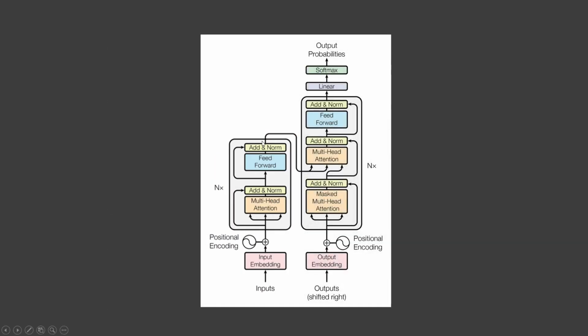It consists of an encoder and a decoder. The encoder processes the input sequence while the decoder generates the output sequence. During model training, the encoder is fed with a sequence of words in one language, and the decoder is provided with the corresponding word sequence in the other language.